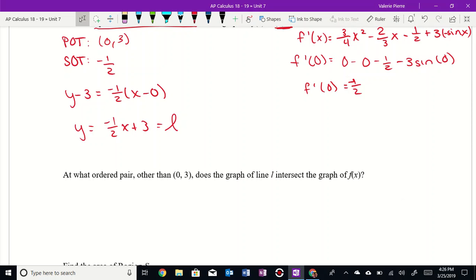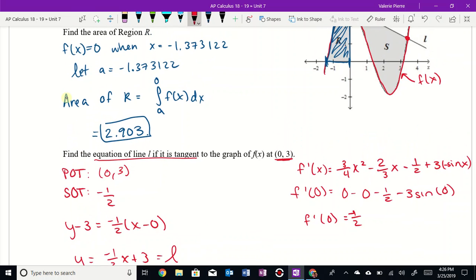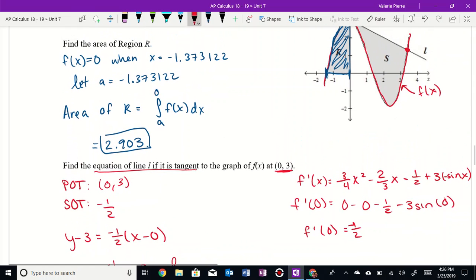So now, at what ordered pair other than 0, 3 does the graph of line L intersect the graph of f of x? Using my calculator, I just looked at when these two graphs intersect other than 0, 3. It'll be a little bit larger than 3 on the x-axis and between 1 and 2 on the y.